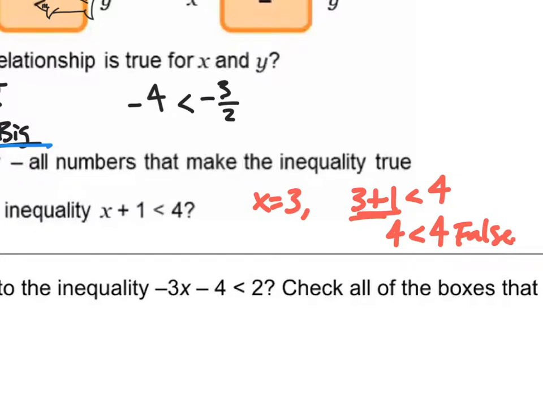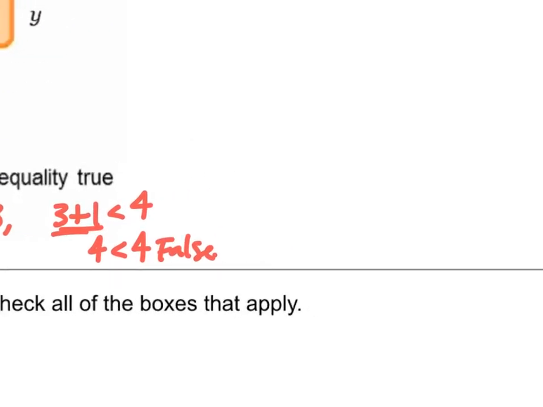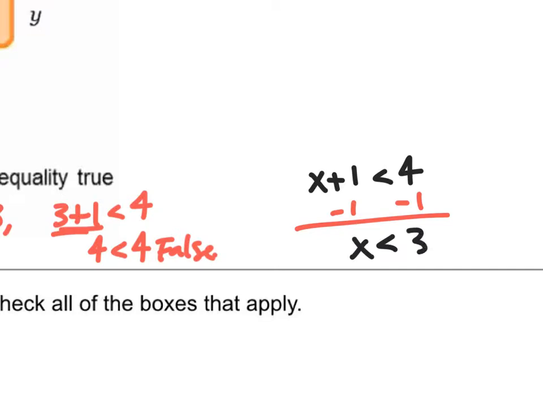But in order to get a solution set out of this, I'm going to write x plus 1 is less than 4. If I wanted to actually simplify this and get a solution set, I would solve it like I would any other equation. I would subtract 1 from both sides, and I would get that x is less than 3.